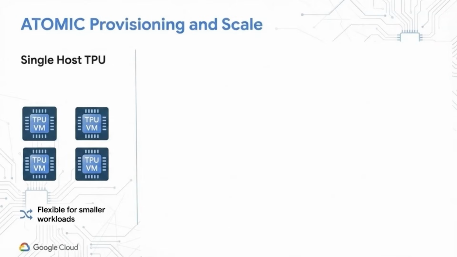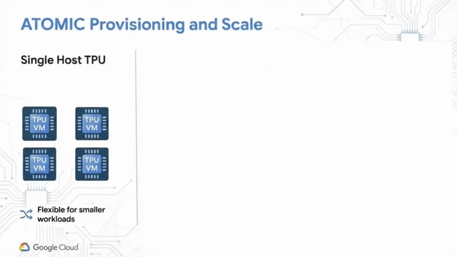In a single-host TPU, in GKE as a node pool, you can consider each single host as a single VM that can have anywhere from 1 chip all the way up to 8 chips, operating with zero network latency between these chips. This is an ideal entry point for fine-tuning, interactive development, and high-performance inference that needs just 8 chips of TPU power.